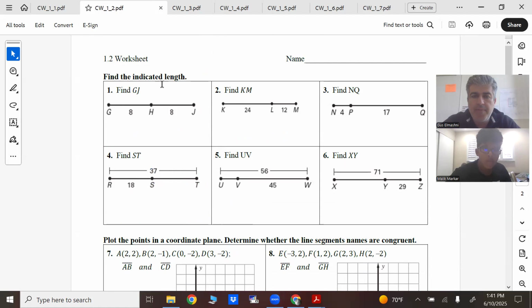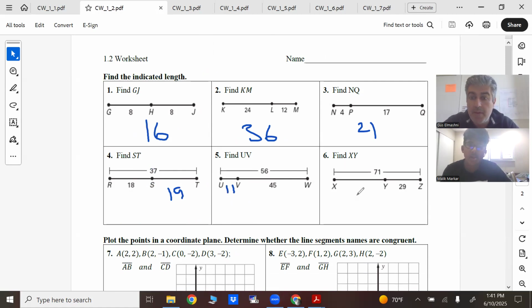For GJ, the length of it, obviously that's 16. Okay, yeah, just add them. Yeah, that one's easy. That's 36. 21, 21, right? Here you take the difference. It's 19. 11, and 42. Yeah. Right. Okay.